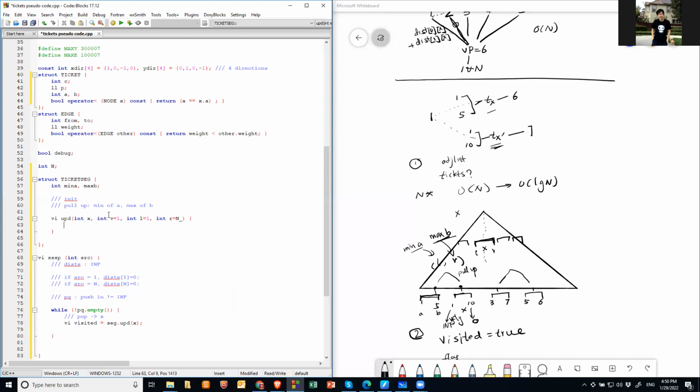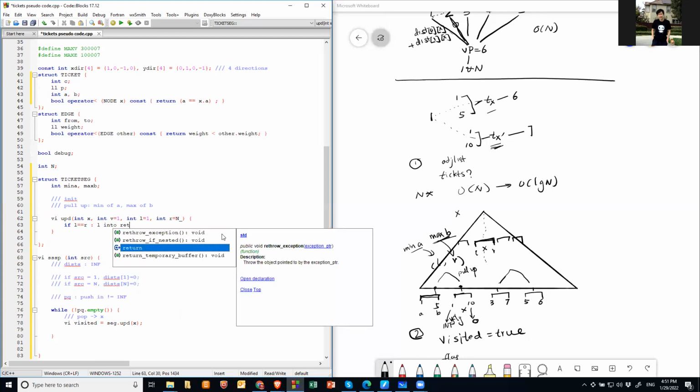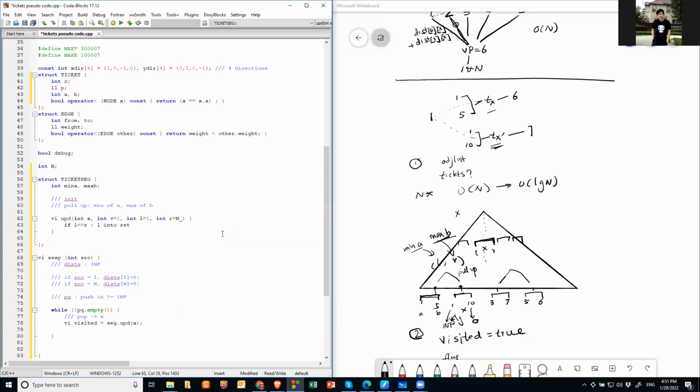Okay, so basically if it's leaf, which is L equal right, then you put this V into the ticket L. This thing you're going to return.